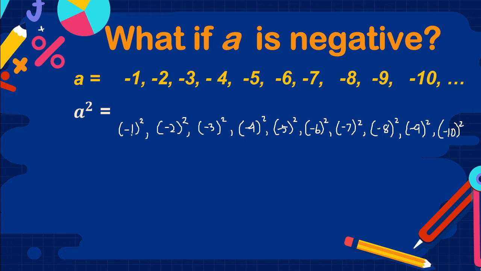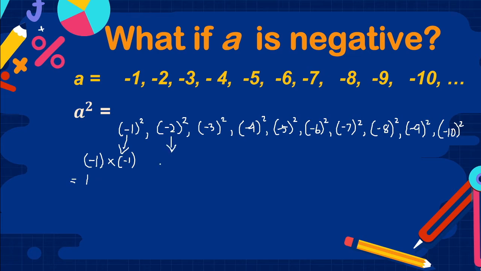How are we going to get the value of negative 1 quantity squared? Let us expand this expression. Negative 1 quantity squared means negative 1 times negative 1. If we multiply two integers with the same sign, the answer is positive 1.